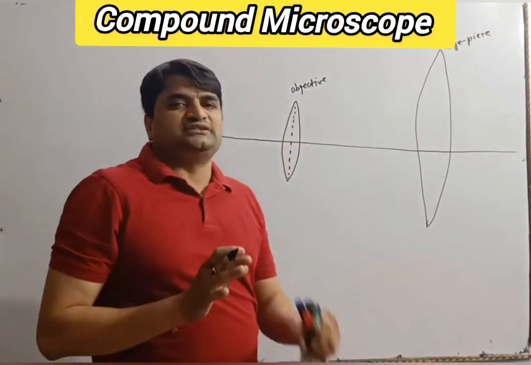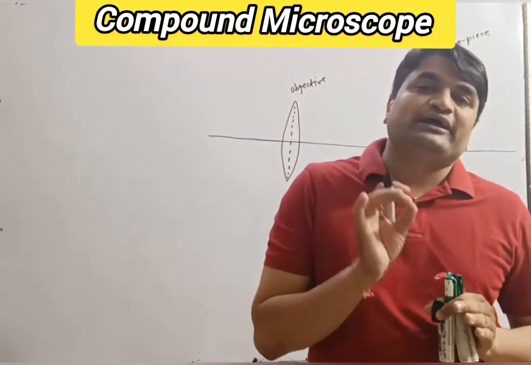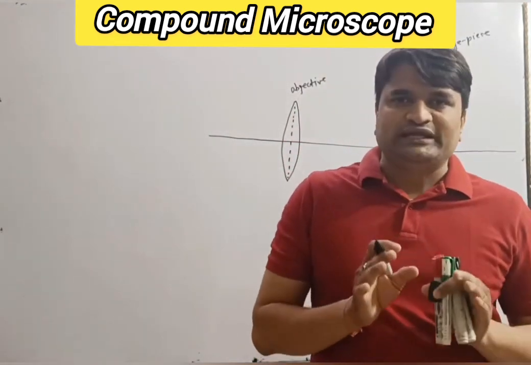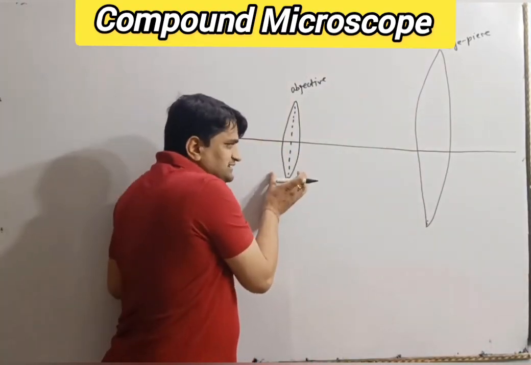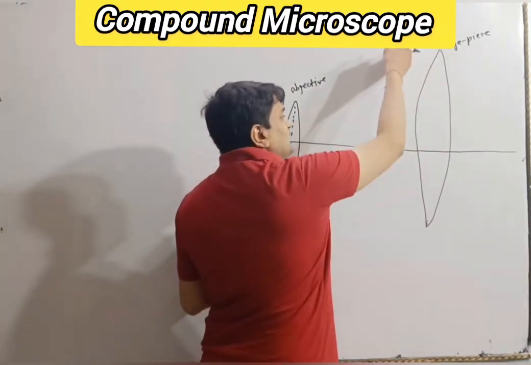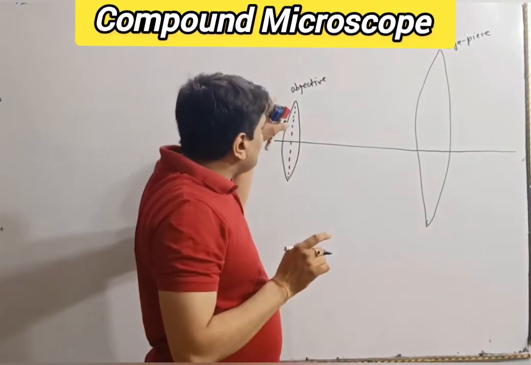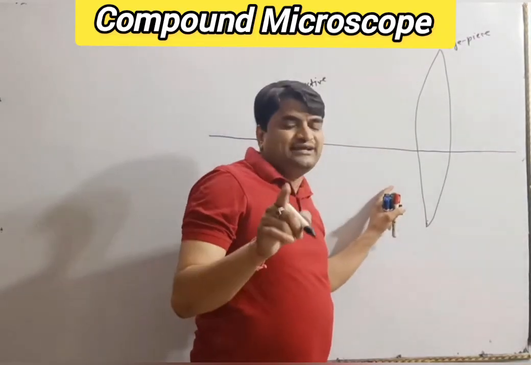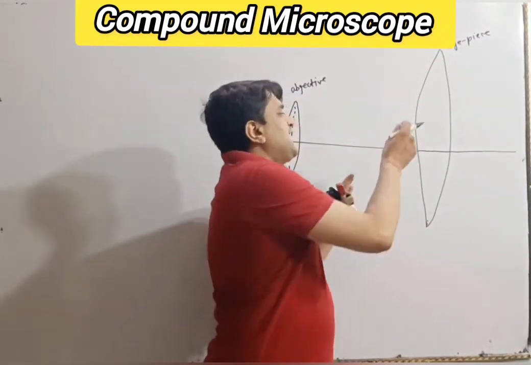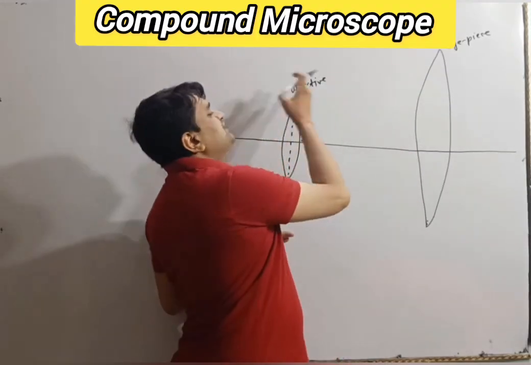The basic strategy for both microscope and telescope is that we make the image from the objective lens in the focal plane of the eyepiece, and the eyepiece makes a virtual and enlarged image in the same direction.